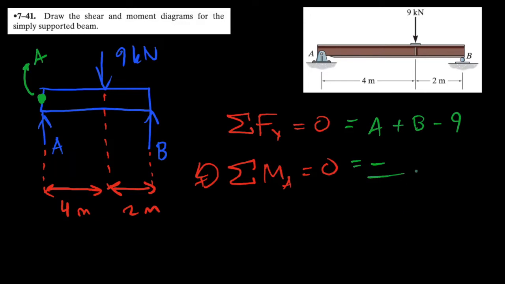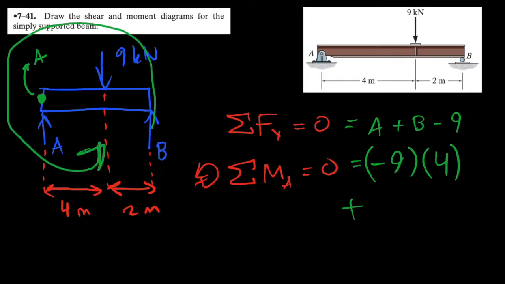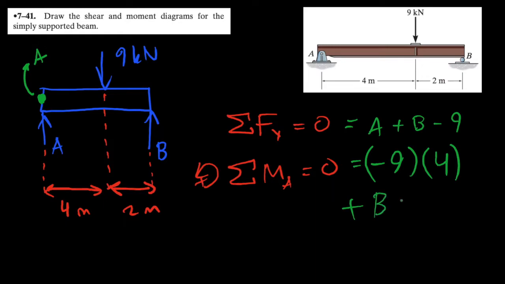So now that we established that we have a negative moment contribution for the 9 kilonewton force, we simply state that we are going 9 times 4 meters, plus we have the B facing up, so it is causing an overall counterclockwise rotation, which means it is a positive sign, and simply we say the magnitude of B times 4 plus 2 is equal to 0.